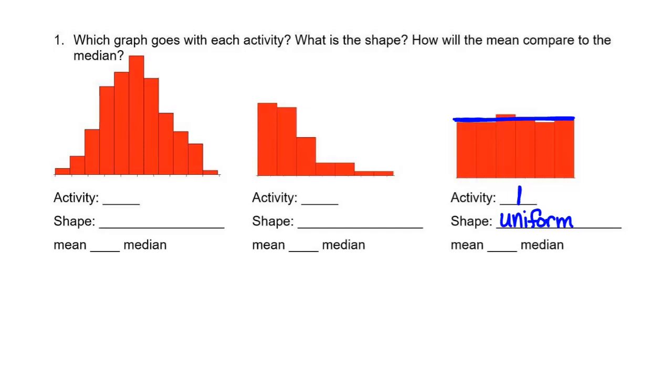Activity number 2, tossing the penny towards a target. Which one of these do you think it would look like if we tossed the penny towards the target and graphed all of that data? Let me see your hands again. Who got within 2 feet, 24 inches?